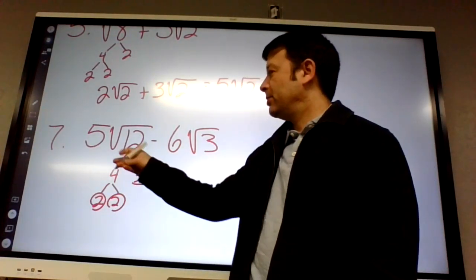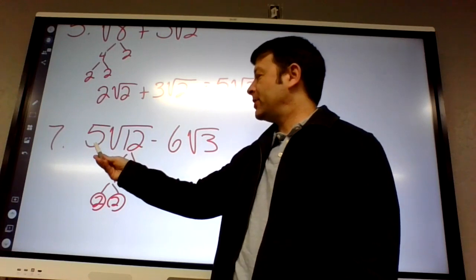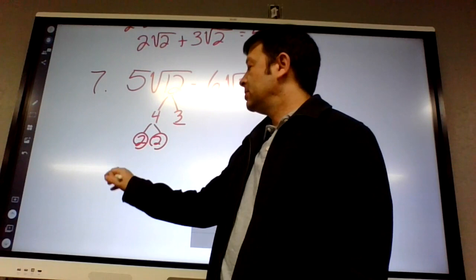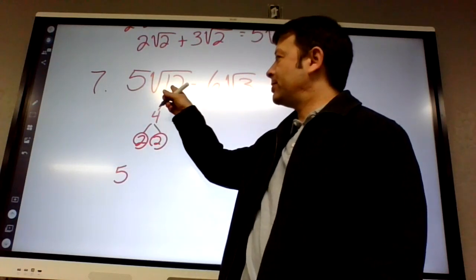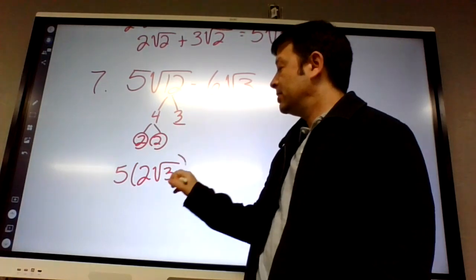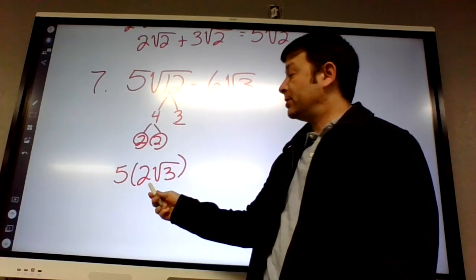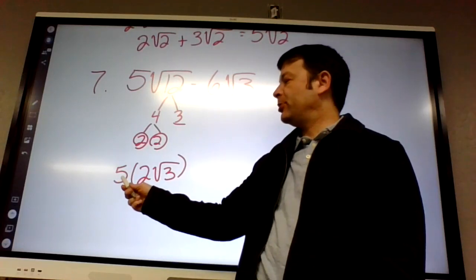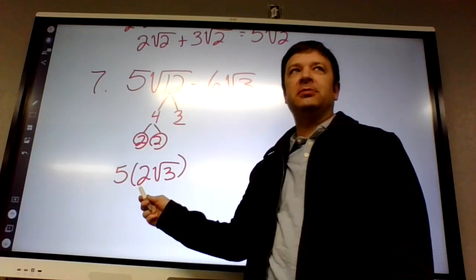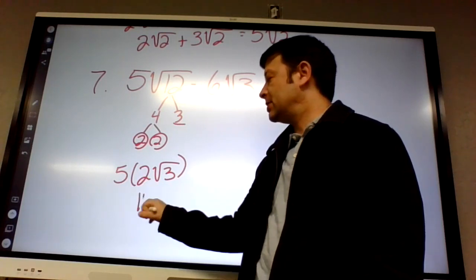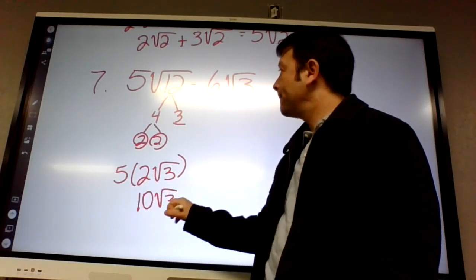What do you think we're going to do with that 5 that's in front though? This means 5 times square root of 12, so it's 5 times 2 square root of 3. We can multiply the numbers together. So 5 times 2 is 10 square root of 3.